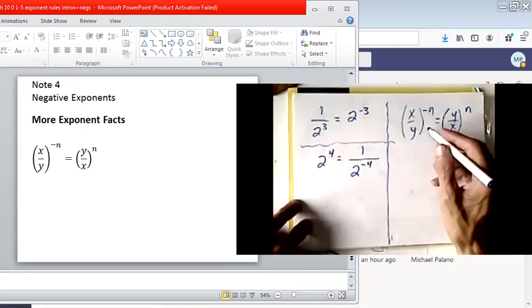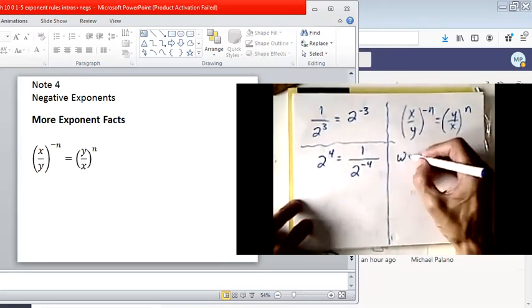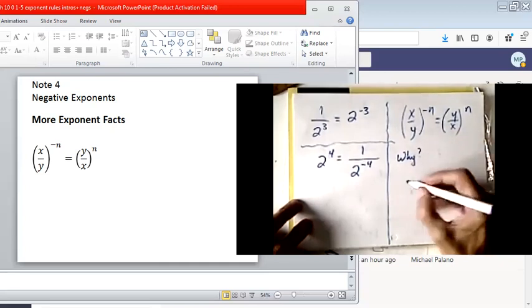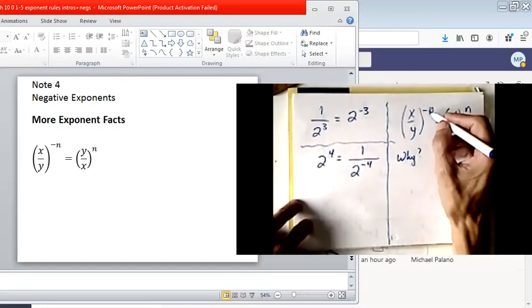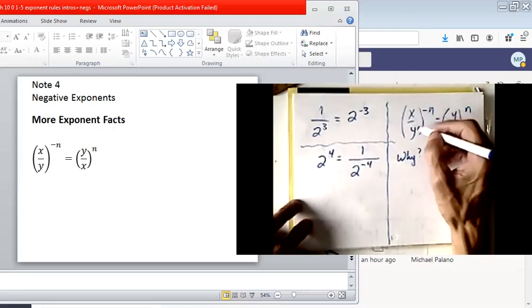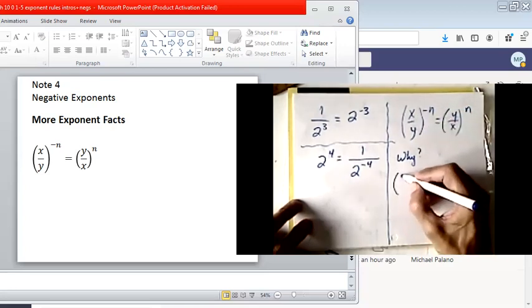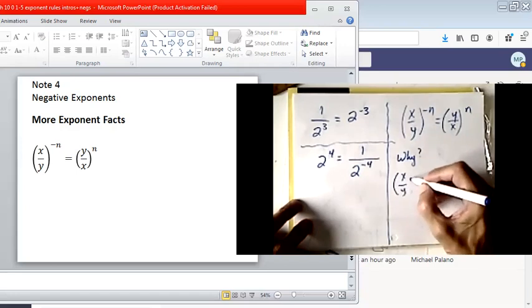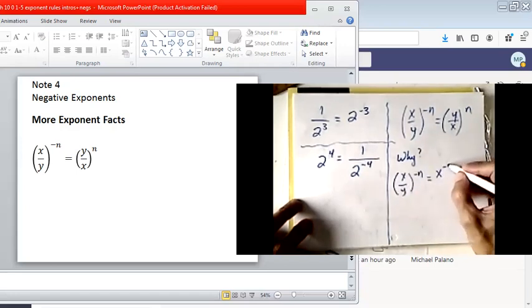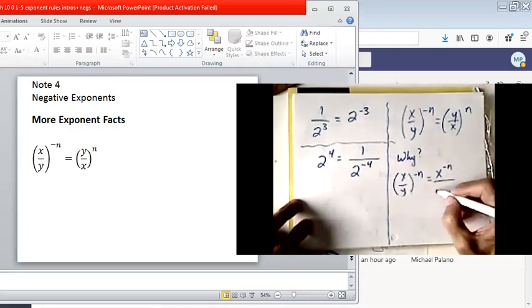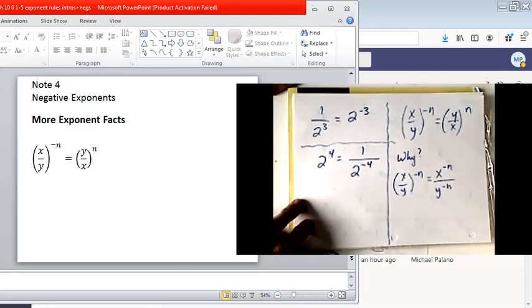Just to show you how it works, why does this happen? Well, remember, the exponent on the outside can go to each thing on the inside. That's one of our earlier rules. So this means you can have the top getting the exponent and the bottom getting the exponent.